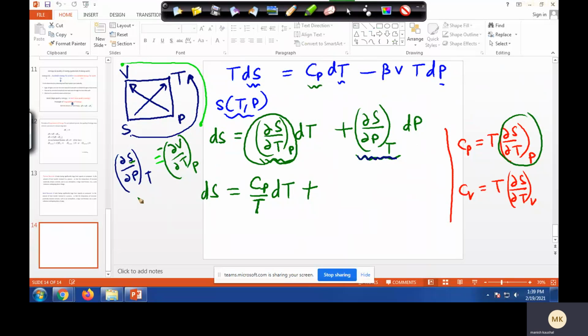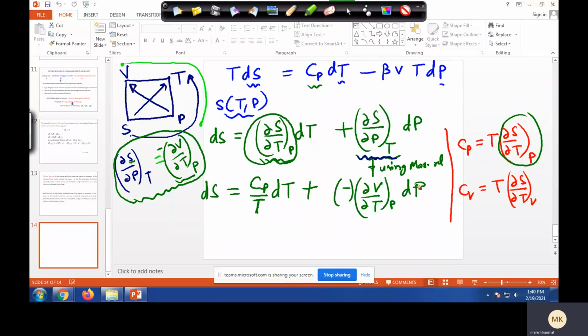So dou S by dou P at constant T, using the Maxwell relation, I can replace it with this. So let's replace it. This will be minus dou V by dou T at constant P dP. I guess there is no mistake in sign, I think yes, but we'll see if there is a mistake.